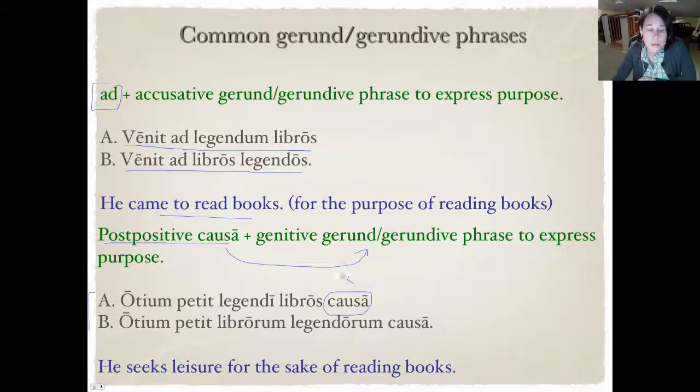So causa here is a postpositive. It is being placed after my gerund. He seeks leisure for the sake of reading books. Again, the sentence constructed with a gerundive, which again, Latin would prefer to do: otium petit librorum legendorum causa. Again, remembering that causa in Latin takes the genitive.